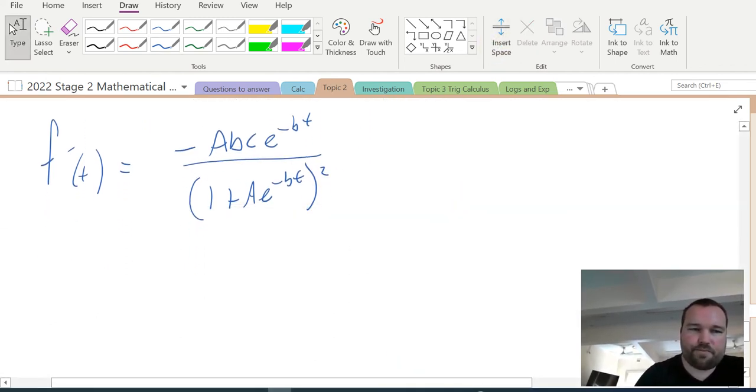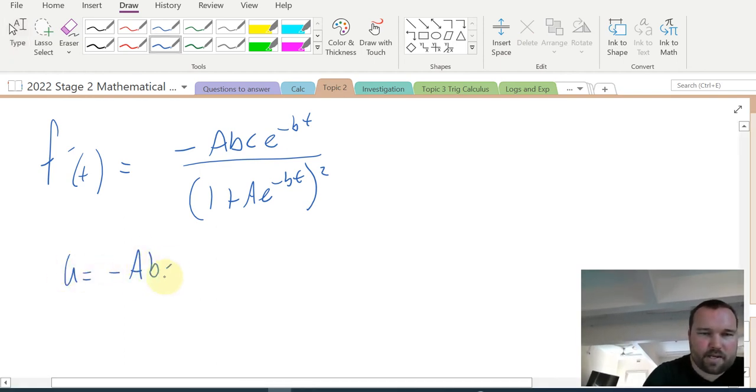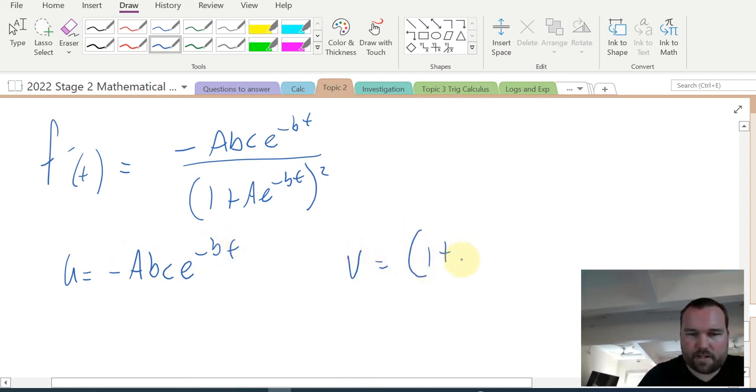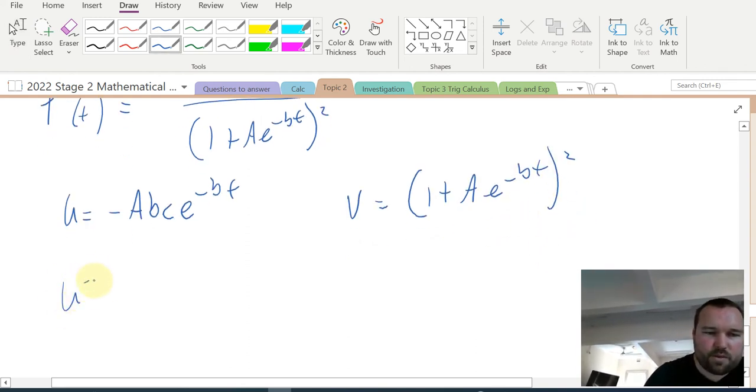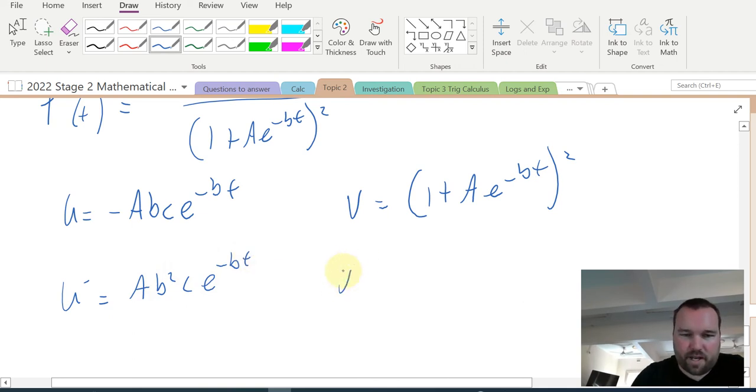Second derivative, so same again. U is minus abc e to the minus bt. V is 1 plus ae to the minus bt squared. U dash, well, differentiate this, is positive because the minus b is going to come down: ab squared c e to the minus bt.